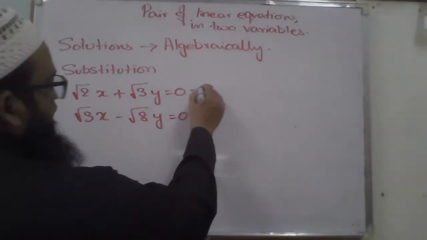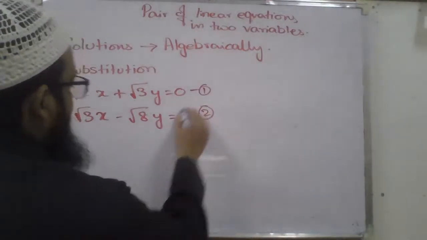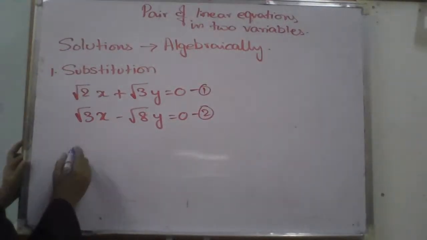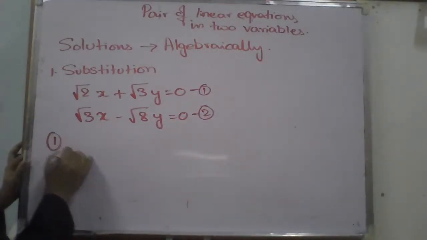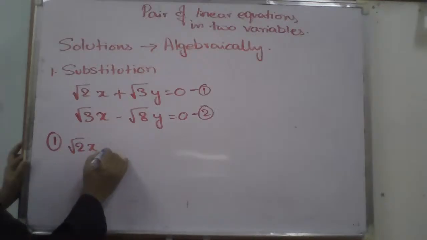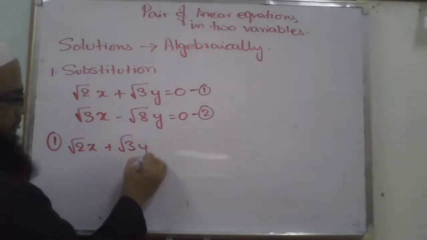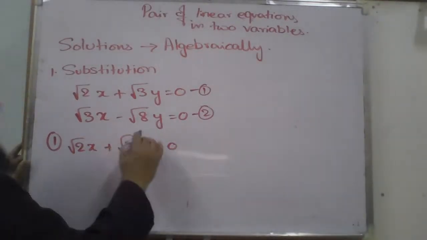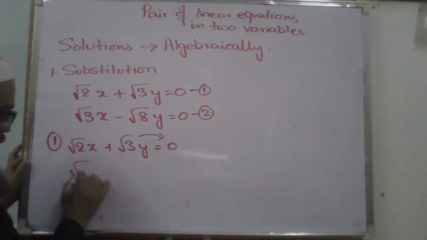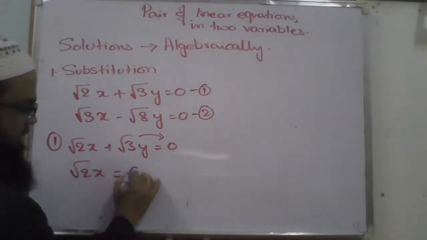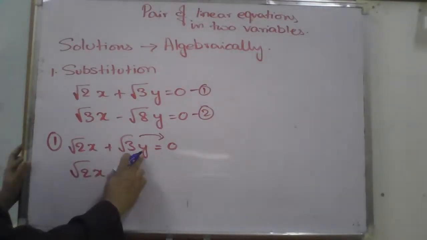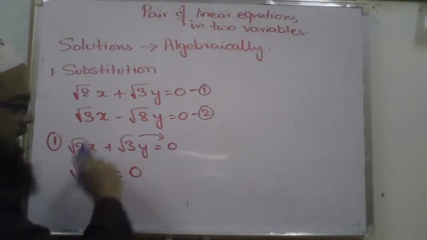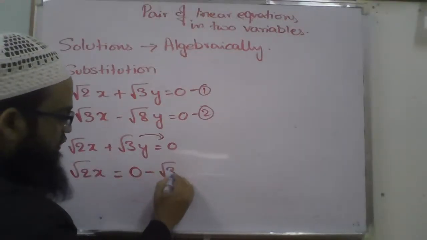For example, this is first equation and this is second equation. Let us take first equation: root 2x plus root 3y equals 0. Now transpose this. Root 2x equals 0 plus root 3y. It is in addition, so if you transpose, it becomes minus root 3y.